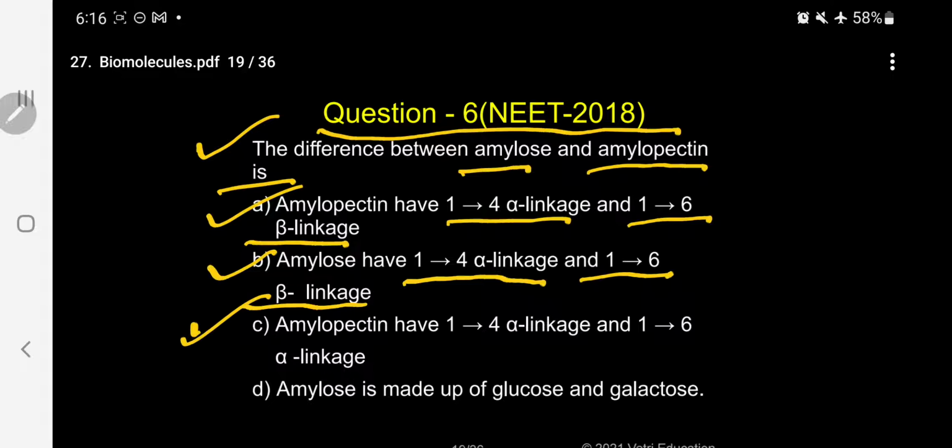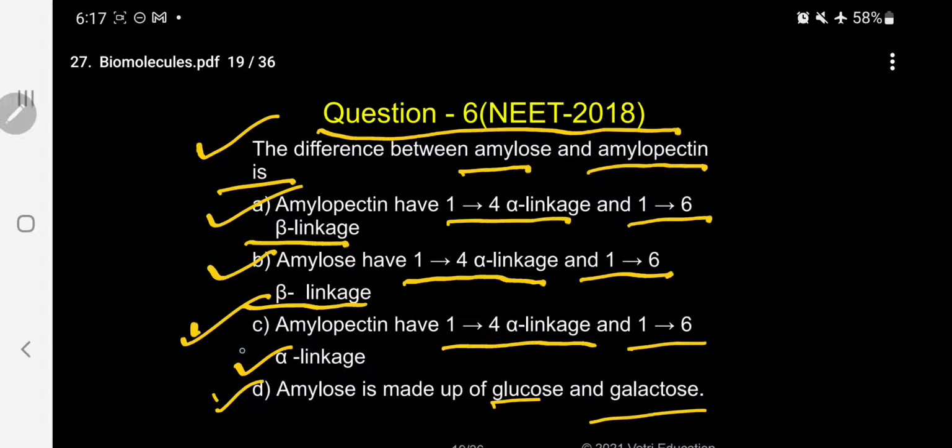C. Amylopectin have 1,4 alpha linkage and 1,6 alpha linkage. D. Amylose is made up of glucose and galactose. The question is, the difference between amylose and amylopectin is, what is the correct answer?